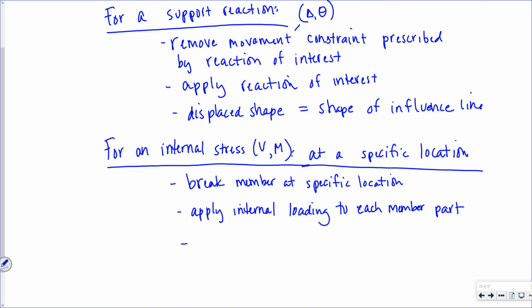And again, your displaced shape is equal to the shape of your influence line.